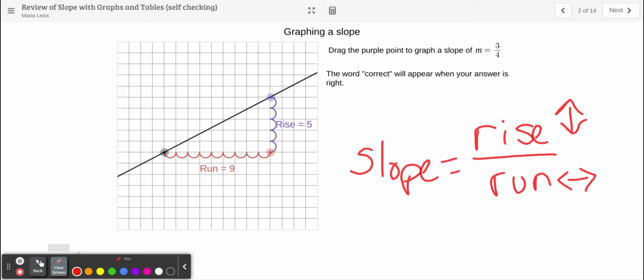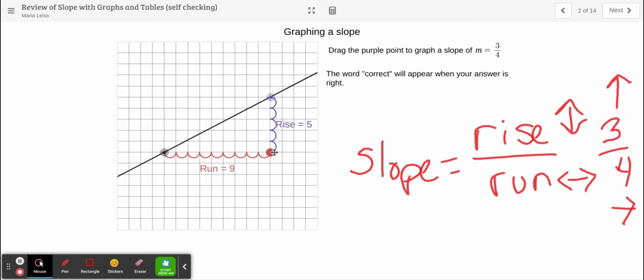So if I need to graph a slope of 3/4, that means my rise needs to be 3, my run needs to be 4. Both of those numbers are positive, so that means I'm actually going to be needing my line to go up and to the right. So if I come back over here to my graph, I'm going to just drag one of these dots.